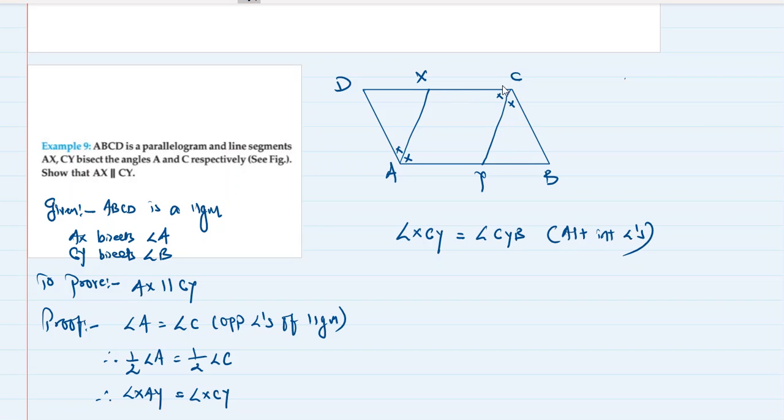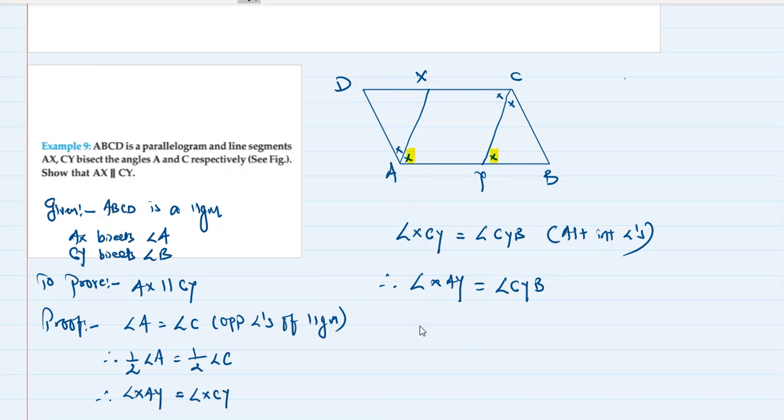So angle XCY is equal to angle CYB, that is this angle, right? Therefore, we can say that angle XAY, which is equal to angle XCY, which is ultimately equal to angle CYB. That means I proved that this angle is equal to this angle.